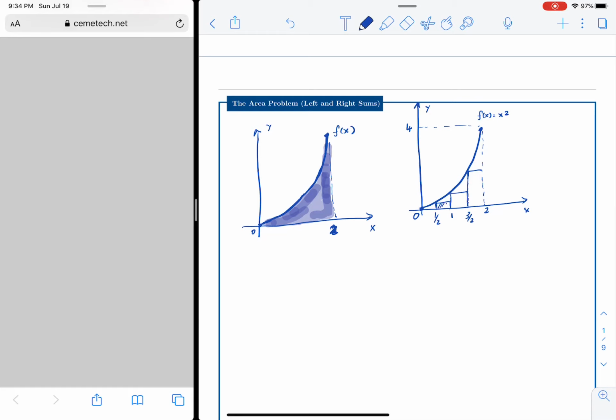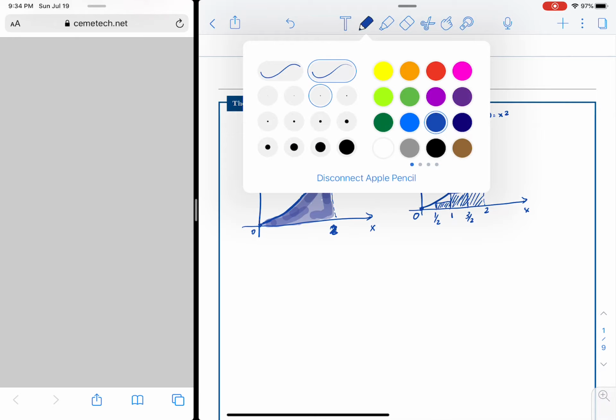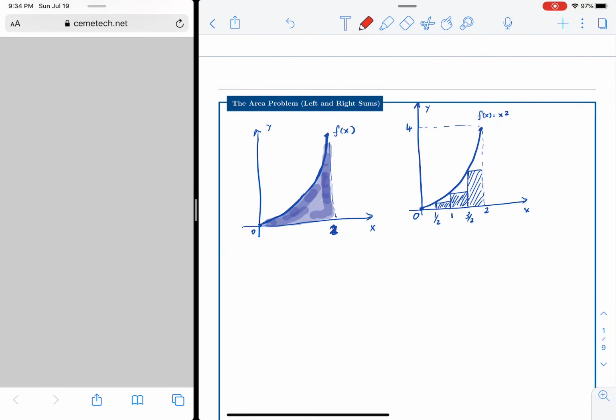So that's my first rectangle, my second rectangle, and the third one. And I'll call this A1, A2, and A3.